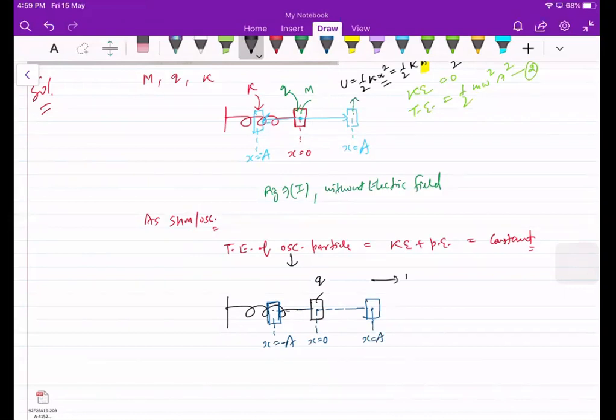Let's make the x-axis in this way. So definitely the body has no problem reaching up to the x equal to A position. But when we apply the electric field here, the additional force comes out as Q into E, and this force will further extend this body to the right side.